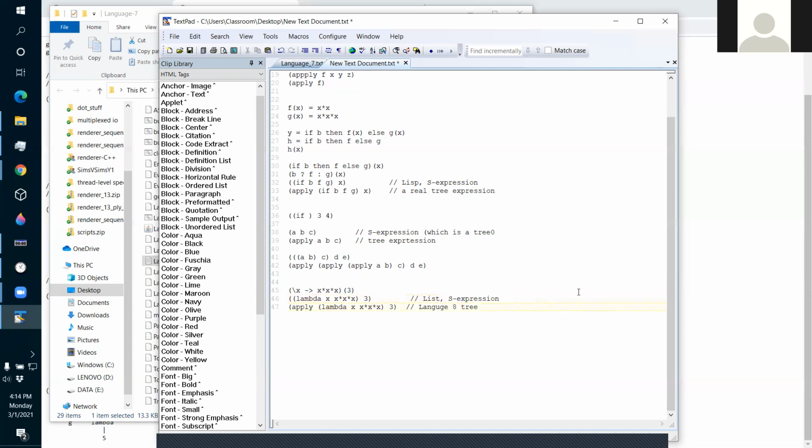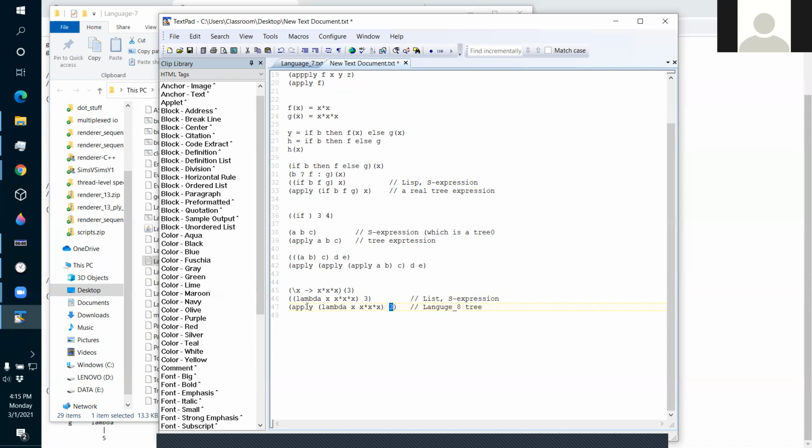You can't do this in language 7 yet, but we'll be able to do that in language 8. Now that's a real legitimate tree. The root is apply, and then its left branch is a lambda expression, and its right branch is 3. So it's going to call that function directly on 3.